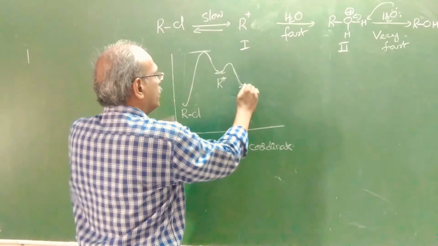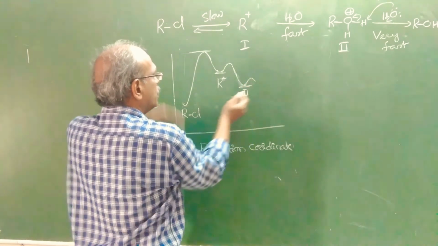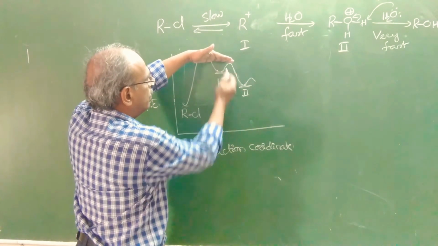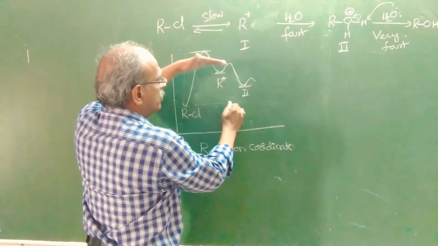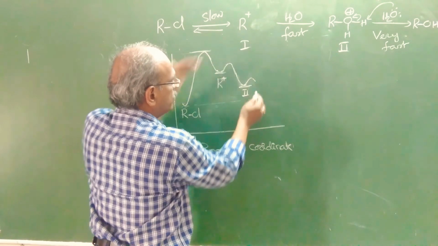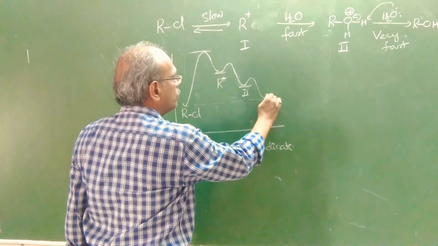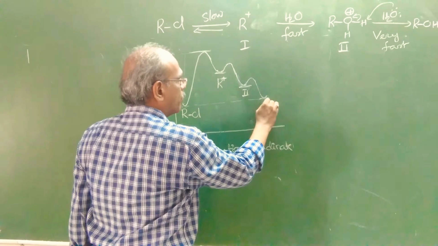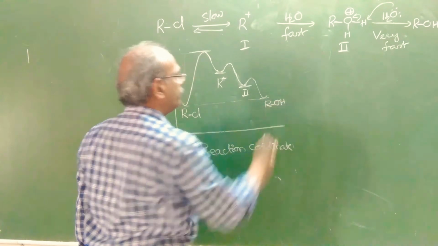So further activation energy decreases. Here for this step, this is the activation energy. For this step, this is the activation energy. So in that way final product is formed.